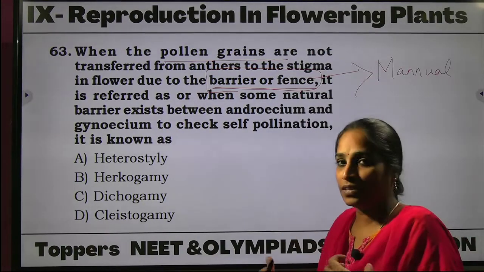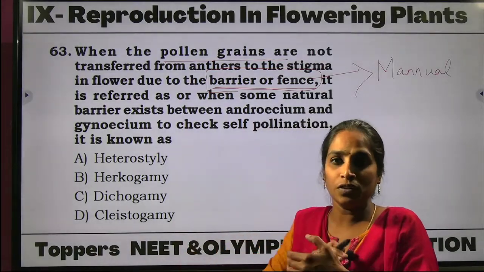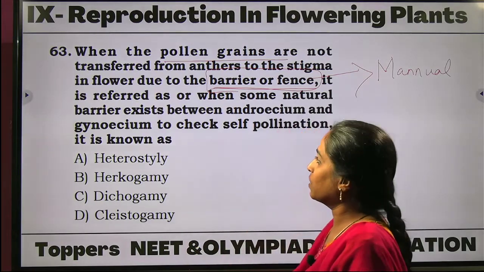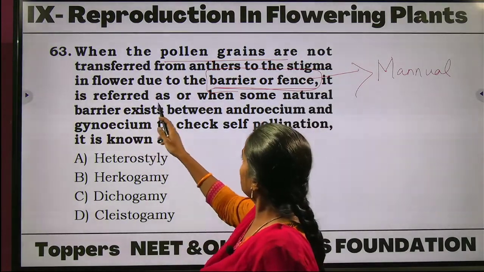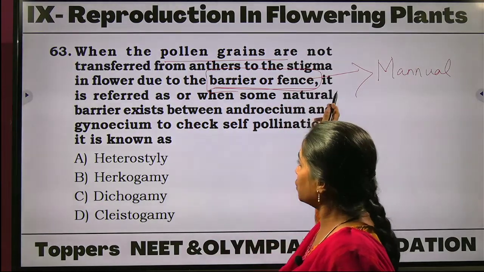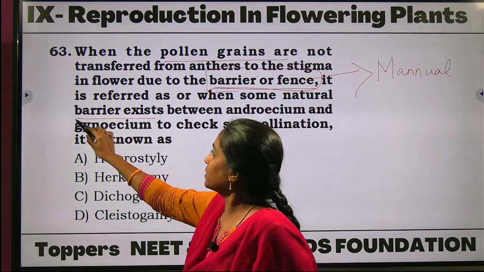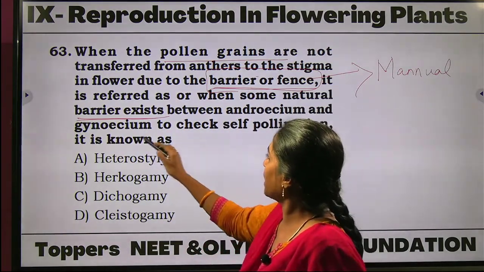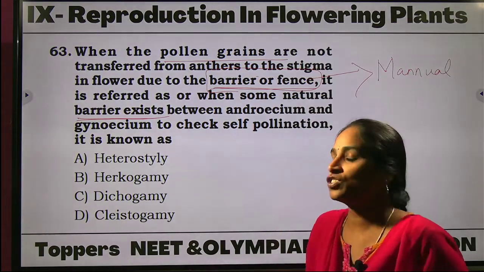We human beings are making a barrier there so as not to transfer the pollen grain from anther to the stigma of the same flower or the same plant. It is referred to as, or when some natural barrier exists between androecium and gynoecium to check self-pollination, what is that process called?